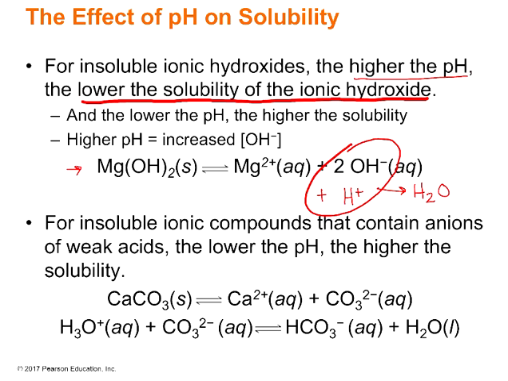Through that process, we're removing product from solution. That's going to cause magnesium hydroxide to further dissociate, so we're shifting the reaction to the right. So if we lower the pH by adding acid, we're going to increase the solubility of the hydroxide.